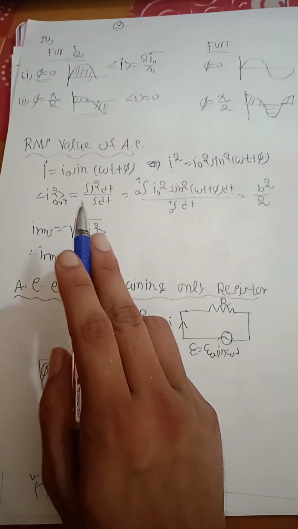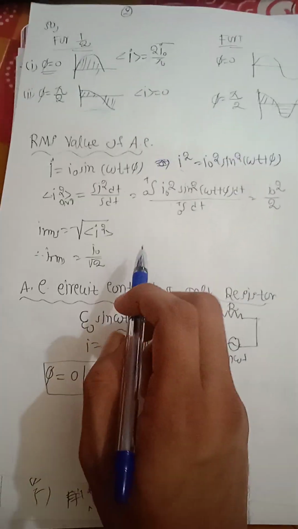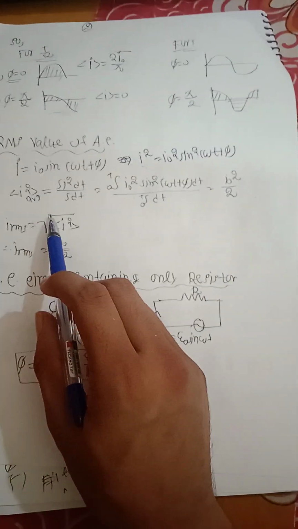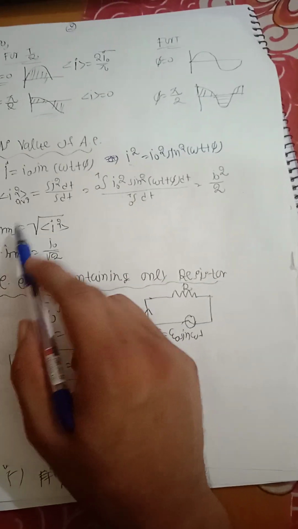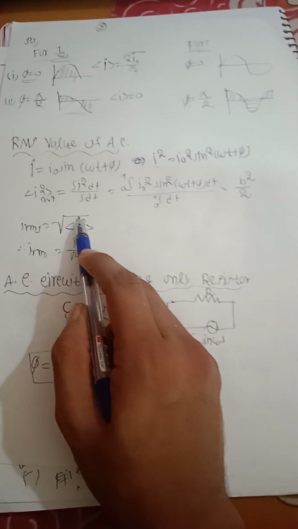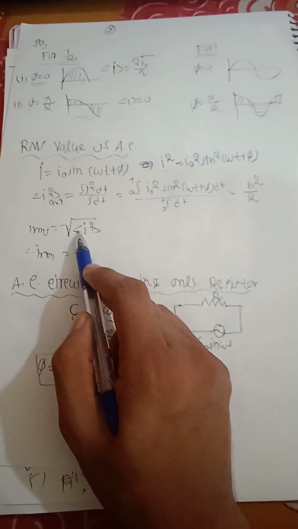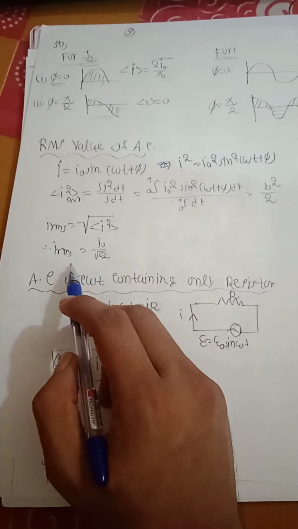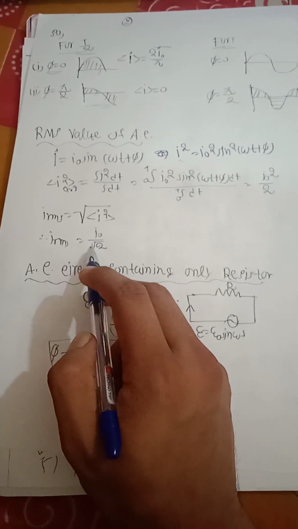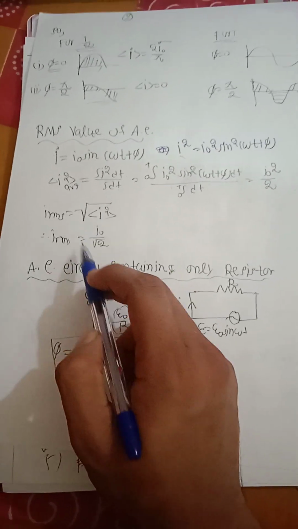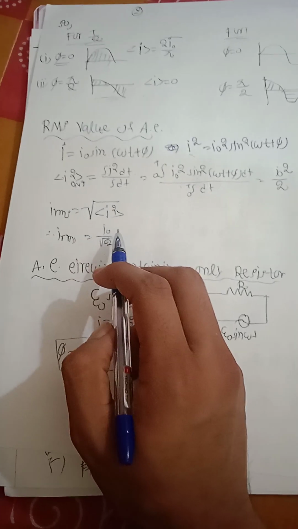To calculate the root mean square, we just take the square root of this, and we get I RMS equals I naught by root 2. This is also an important formula, remember this.